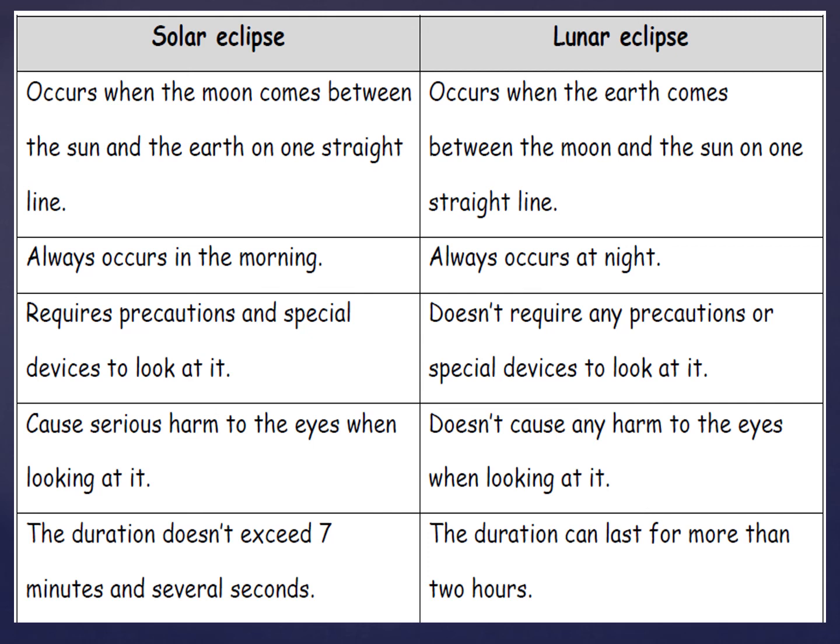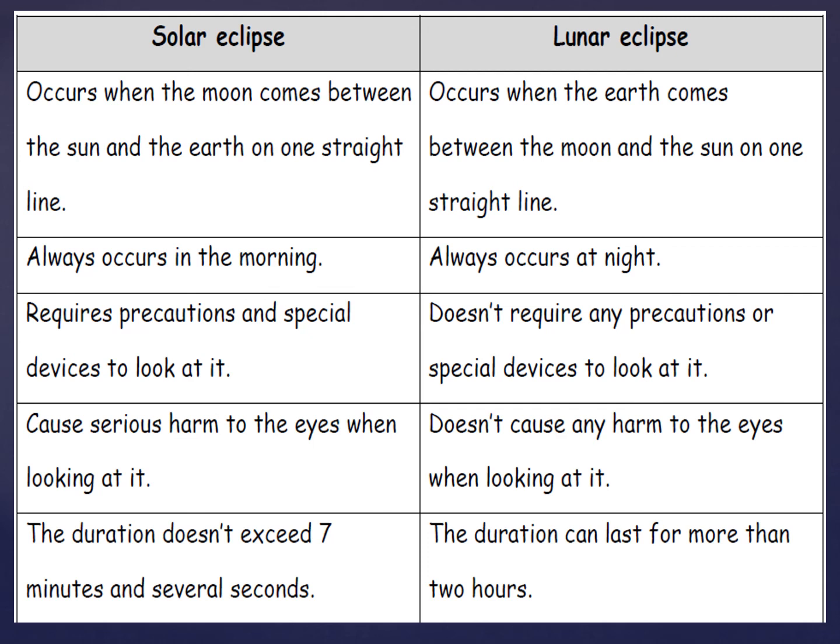Solar eclipse requires precautions and special devices to look at it, while lunar eclipse doesn't require any precautions or special devices to look at it.